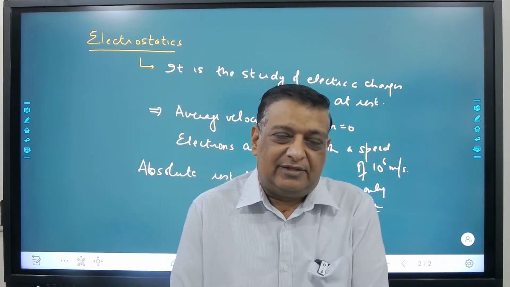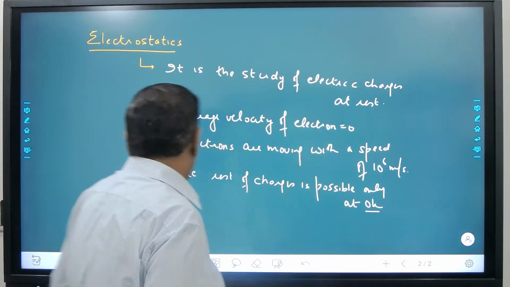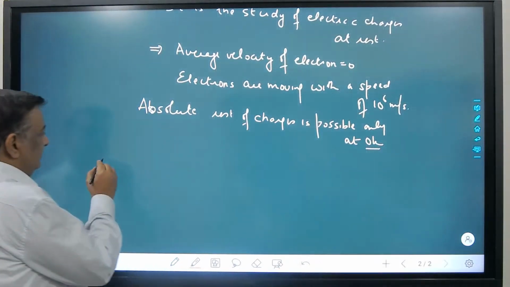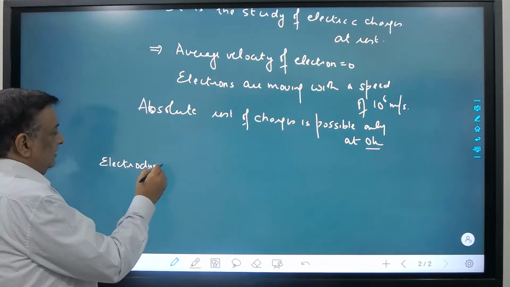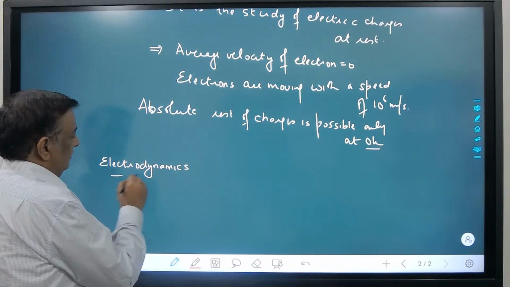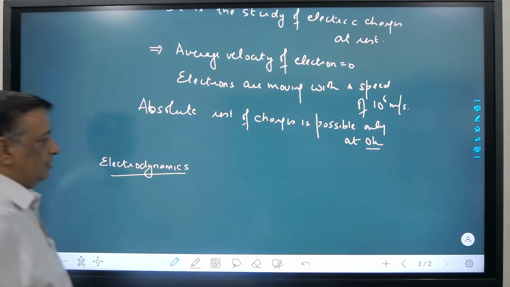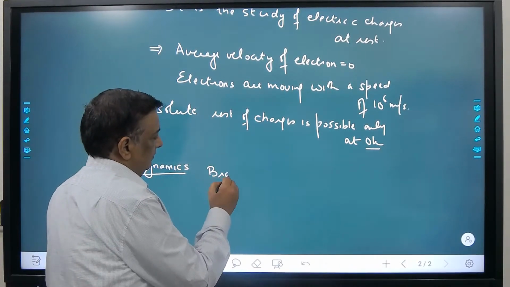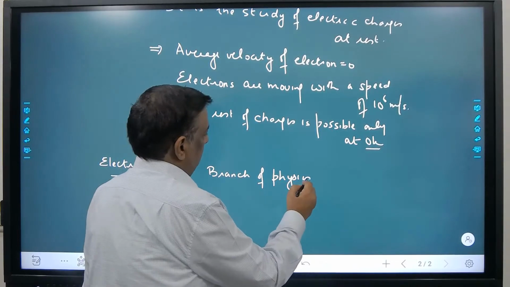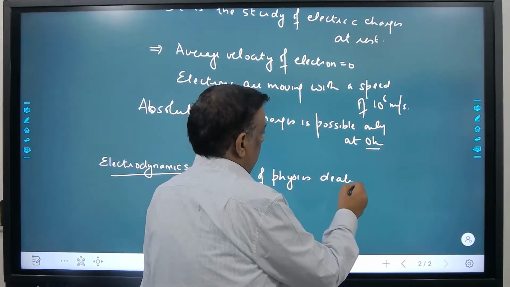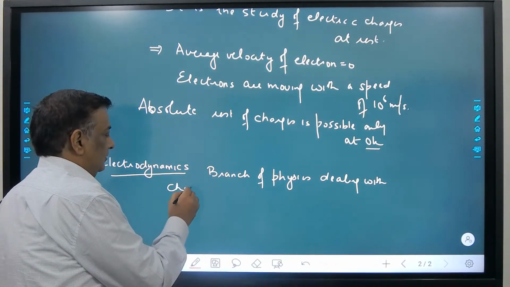Second is electrodynamics. Electrodynamics deals with charges in motion when they have a preferred direction, when current flows. So we say electrodynamics is the branch of physics which deals with charges in motion.